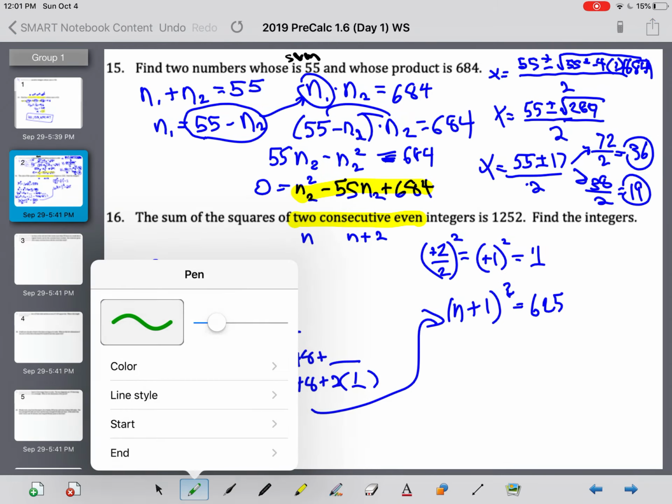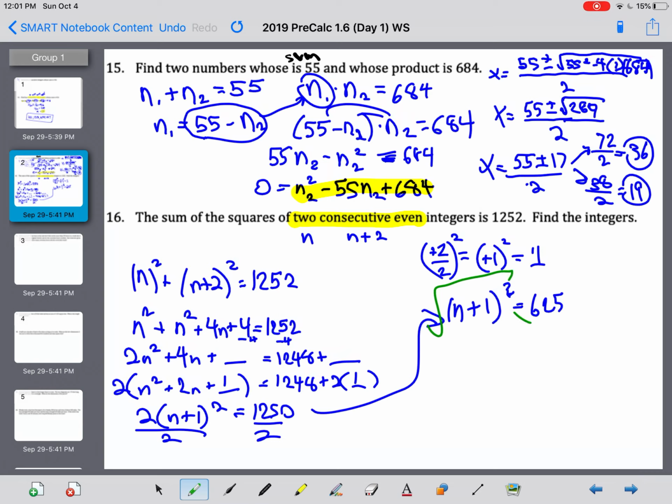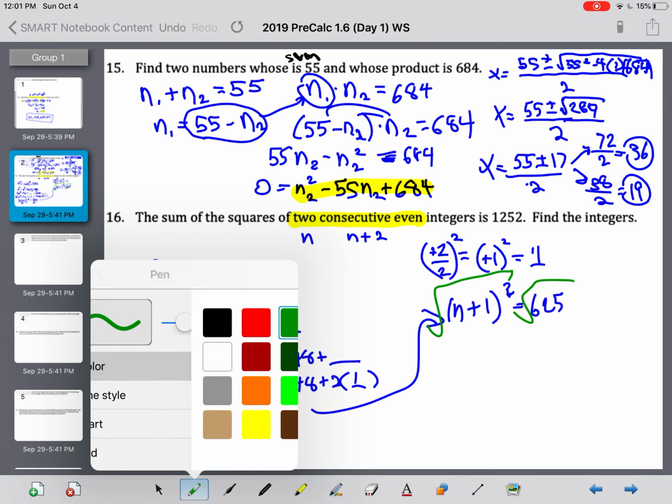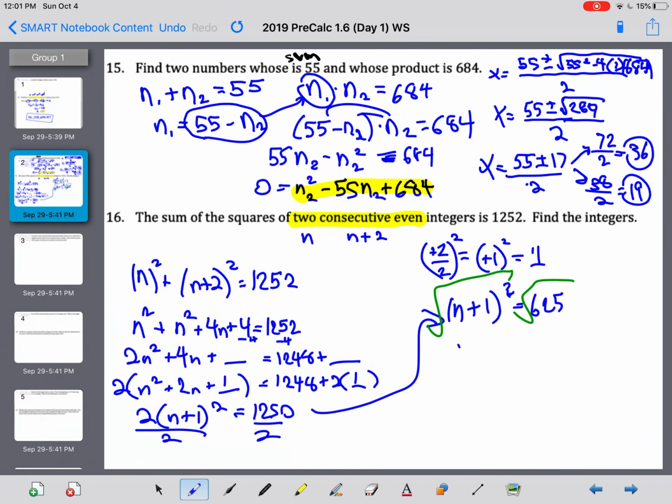I like to do that in green. So that's going to give me n plus 1 equals plus or minus 25. I'm going to subtract 1. So n could be, or n could be.